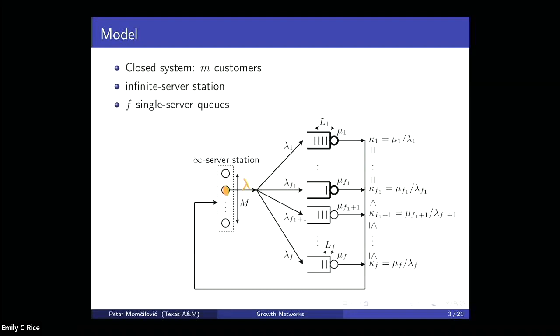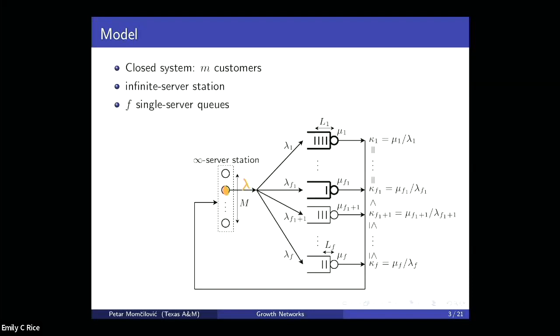So I say that there are F1 Qs with the lowest kappa. This F1 can be 1, can be F, can be everything. If F1 is F, then all of them are the same, if I have uniform filaments. Or there could be only one that has this smallest rate and the rest of them have higher rates.